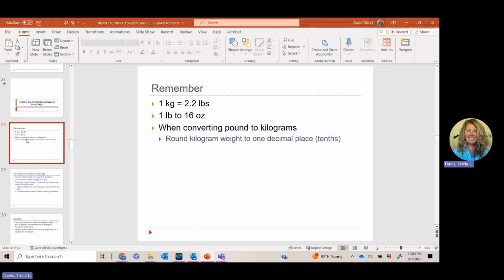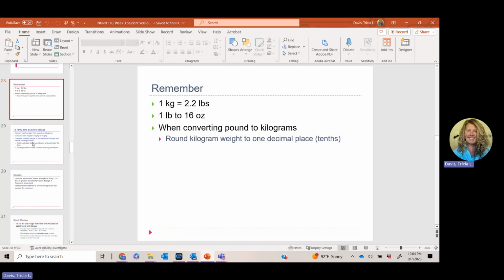Whenever you want to figure out a weight in kilograms, you would divide that weight by 2.2. So if my patient weighs 100 pounds, I would divide that by 2.2 to get the weight in kilograms. Whenever you're converting pounds to kilograms, you always round your kilogram weight to 1 decimal point, to the 10th.